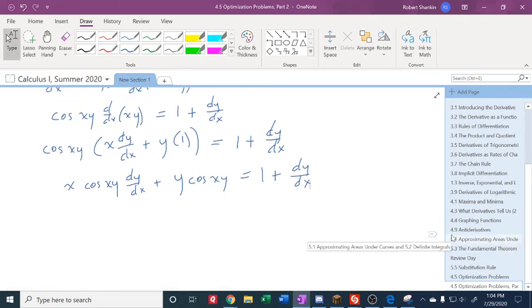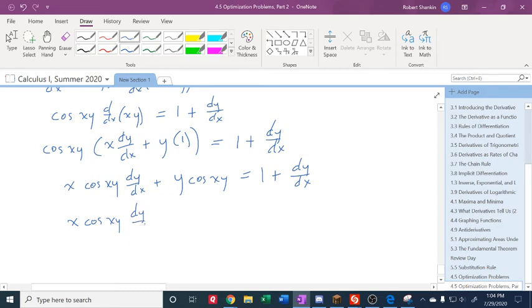Now I have two of my terms containing dy dx, this one and this one. So I'll bring them to the same side. So all the dy dx terms will be on the left. And then this one gets moved over to this side. Like such.